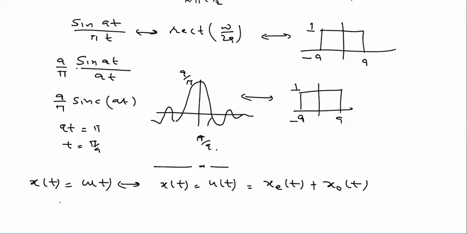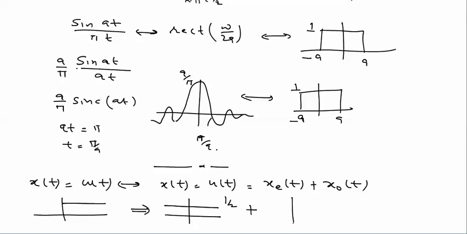If we segregate it into even and odd parts, the even portion is half and the odd portion is the signum function. We can segregate from the formula also.